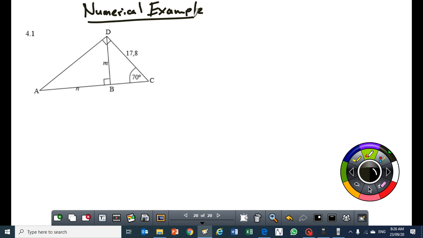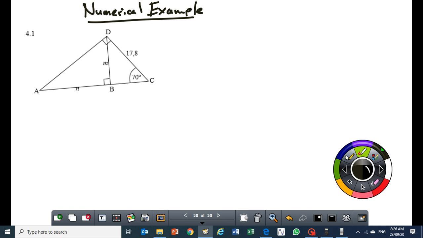Now I'm going to use trig ratios, then I'll incorporate the reciprocals. So first thing, let's find M and N. To find M and N, I need to determine M first. So I'll identify my triangle as triangle BCD.